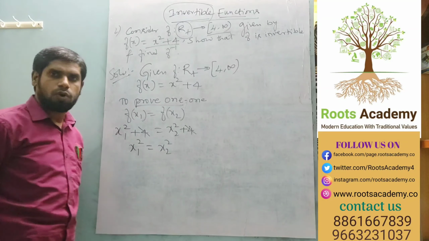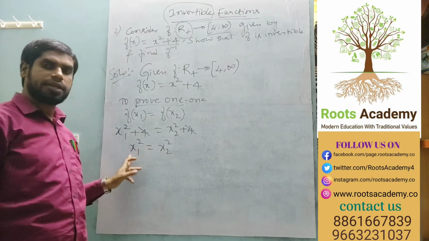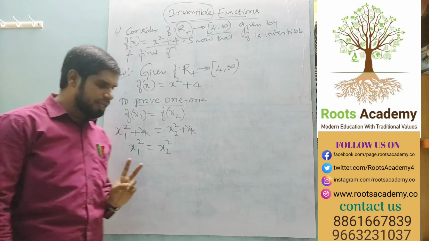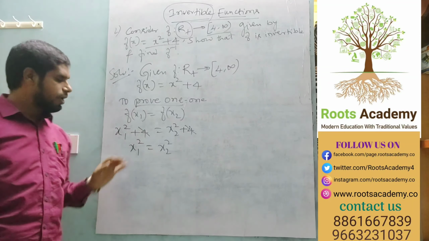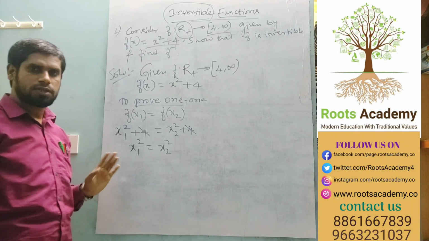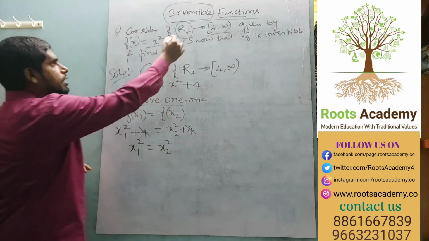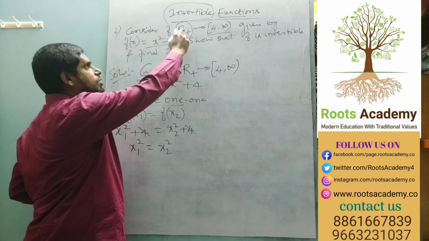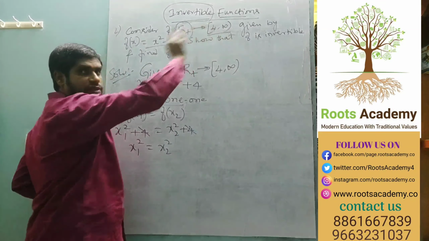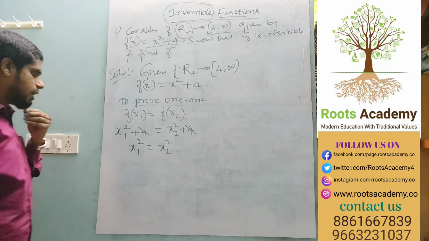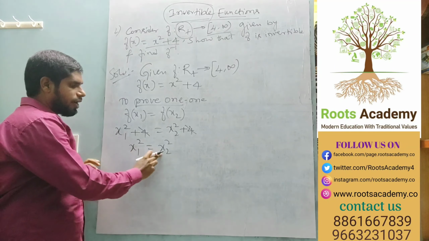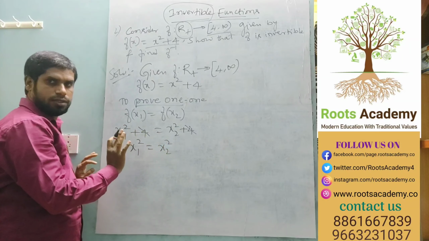Student, here obviously no doubt that it is a quadratic equation and we know a quadratic equation has two values. One is plus, other is minus. That's why in the formula we'll take plus or minus. But here in our function, the domain and codomain both are from real numbers to real numbers. So we won't get any negative numbers here.